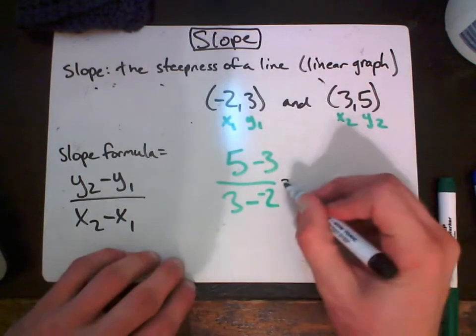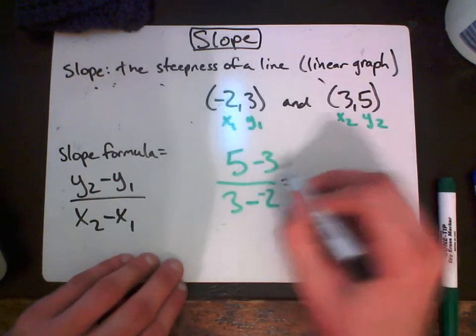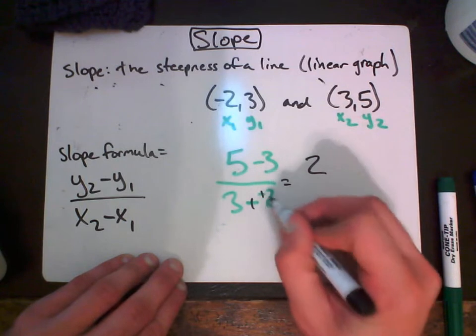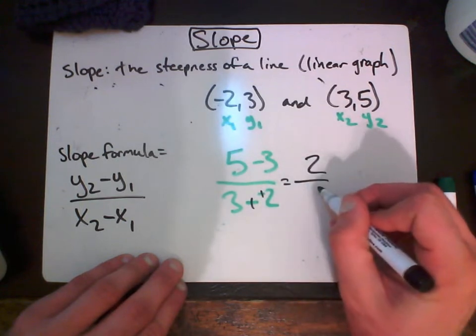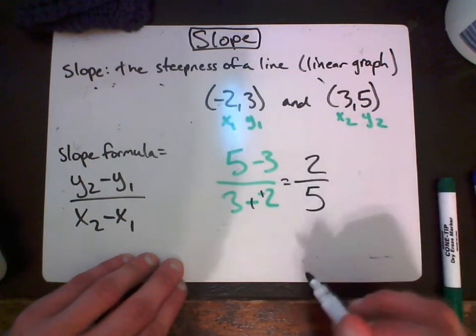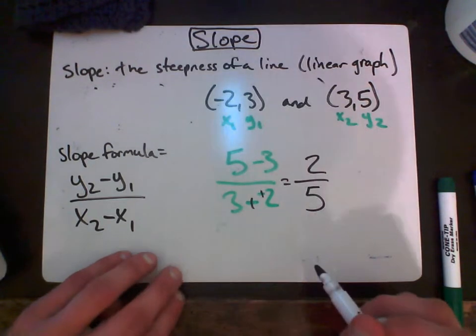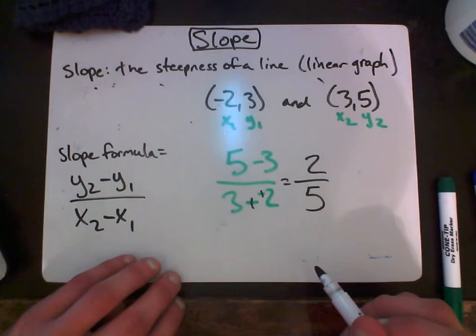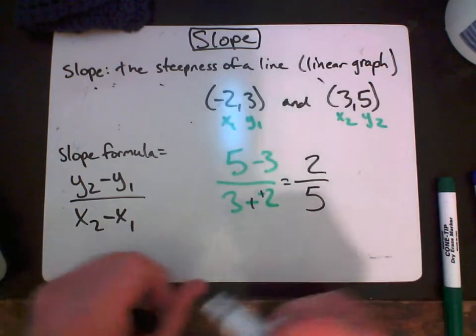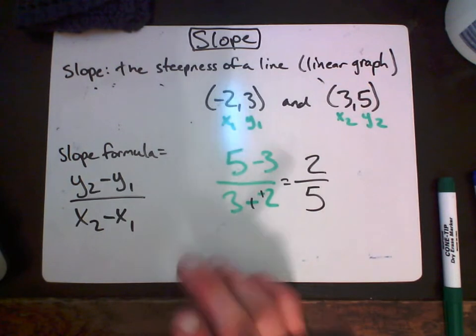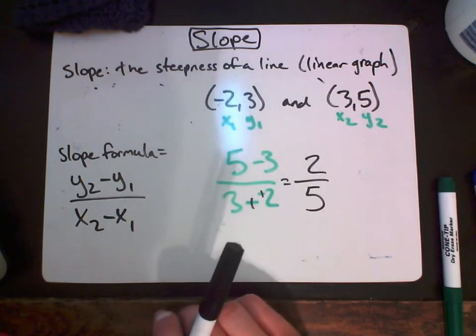Let's see what happens. 5 minus 3 is 2. 3 minus negative 2 is 5. And I'm left with 2/5.